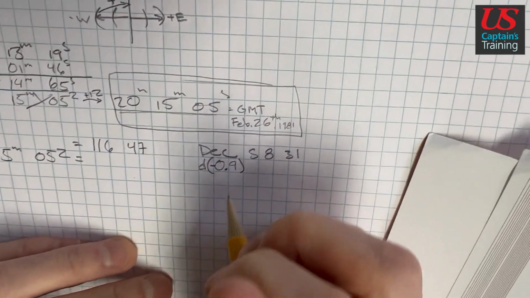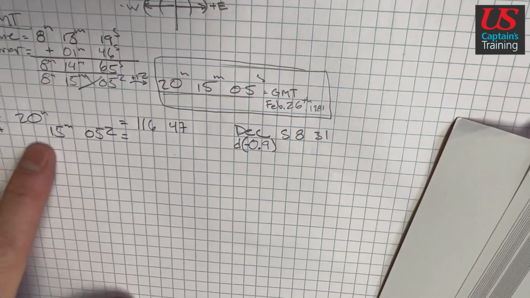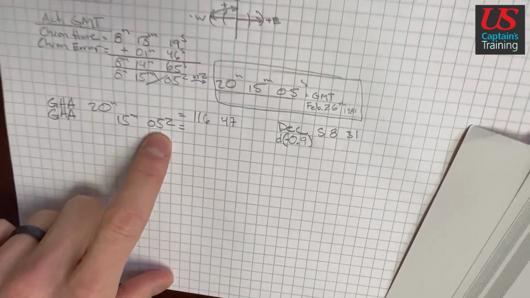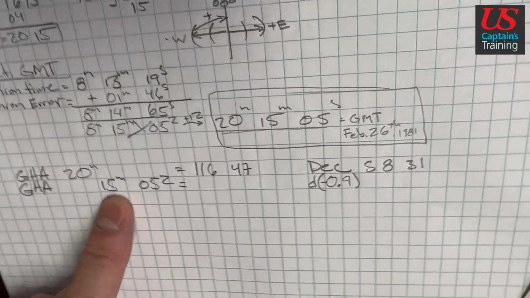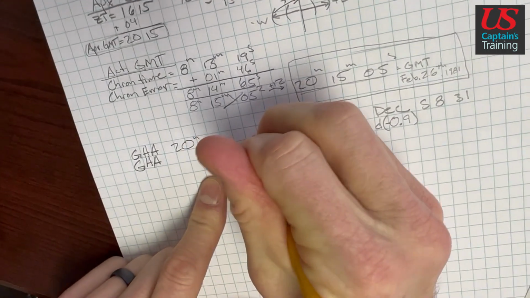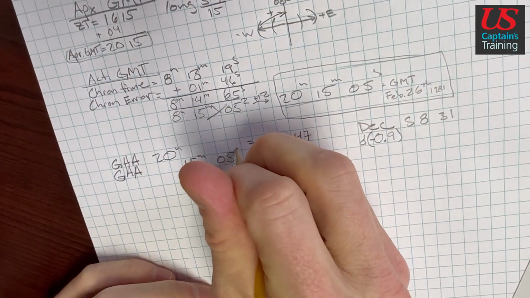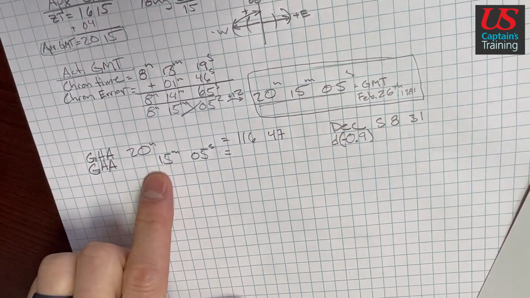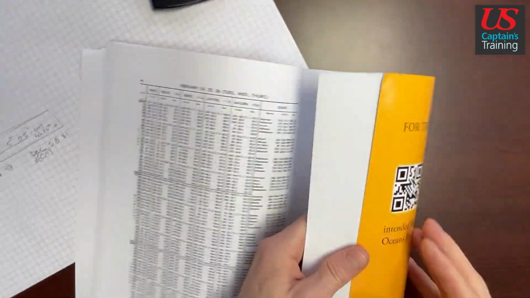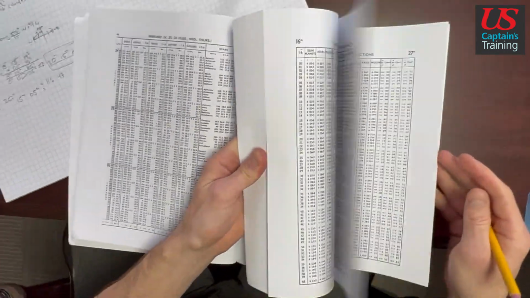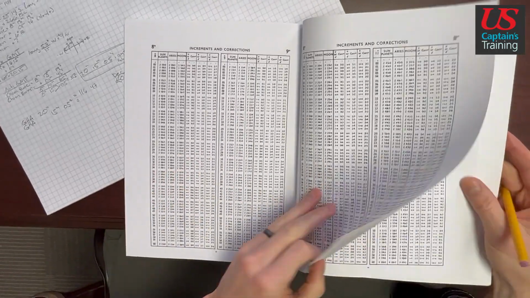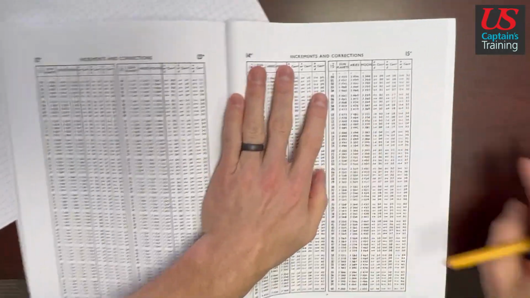And now we need to get numbers from these increments. 15 minutes, 5 seconds. These are seconds. Cool. So 15 minutes, 5 seconds. So we flip into the increments. 15 minutes.